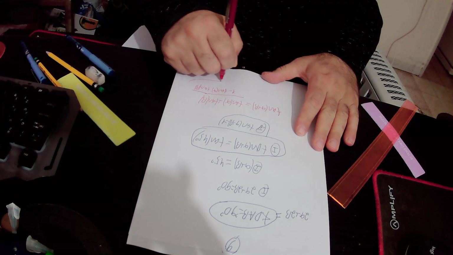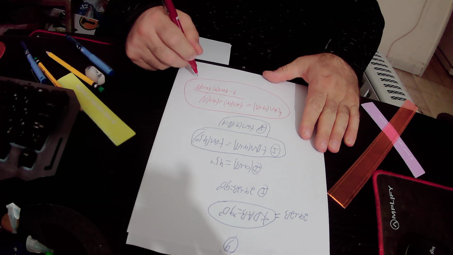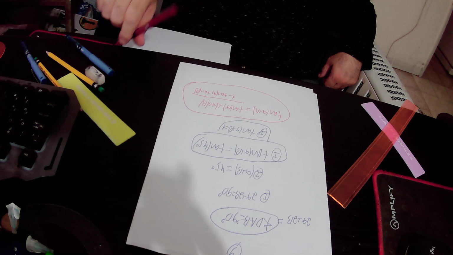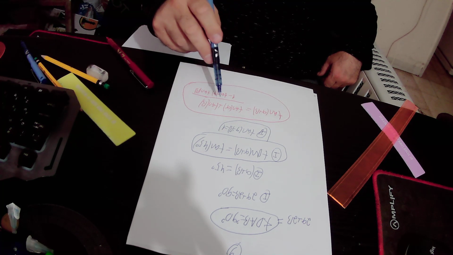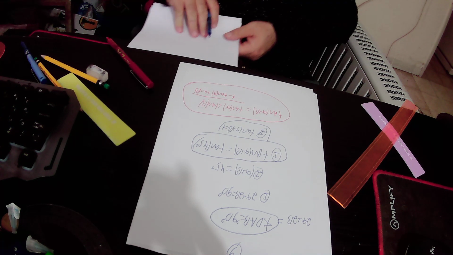So we can substitute tangent of alpha plus beta in equation number 1 by this expression, because this expression equals tangent of alpha plus beta. So we'll do it now.